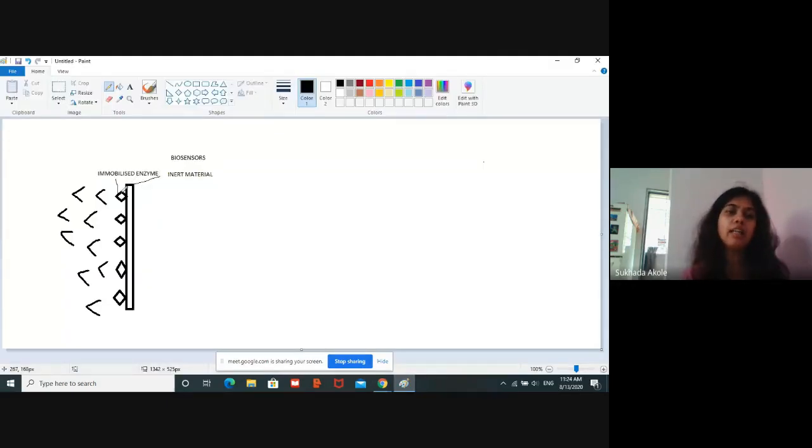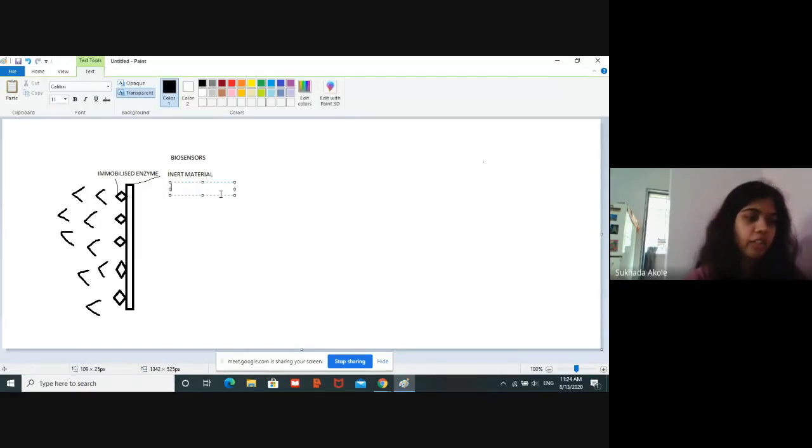So I add an enzyme which will react only with glucose. Okay. Now this inert material will also contain some other materials such that now it will become electrically or optically active.